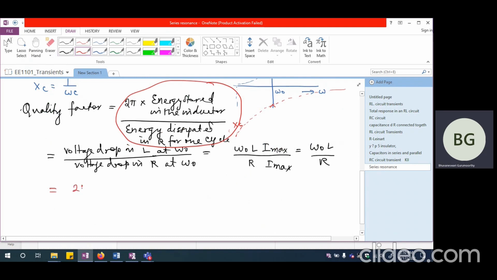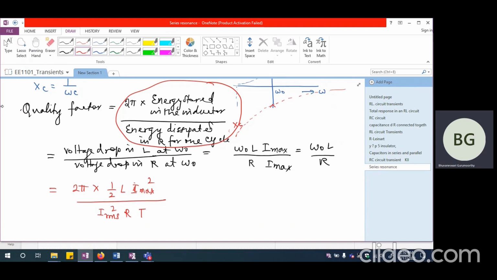So that is going to be 2 pi multiplied by half L I max square, I peak square, whatever, divided by energy dissipated, which is going to be I RMS square multiplied by R multiplied by whatever is one cycle time.